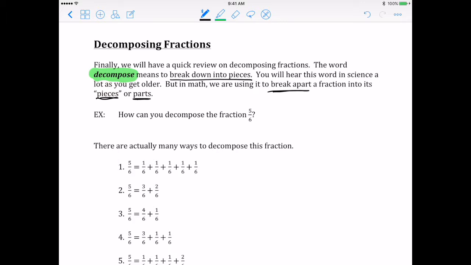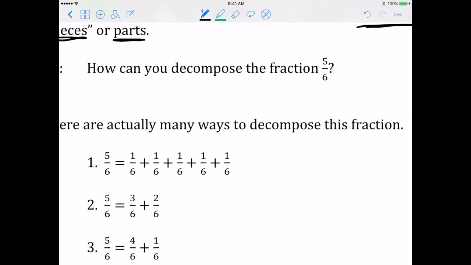Well, there are actually many ways to decompose this fraction. So you can break it down. 5/6 is equal to 1/6 plus 1/6 plus 1/6 plus 1/6 plus 1/6.